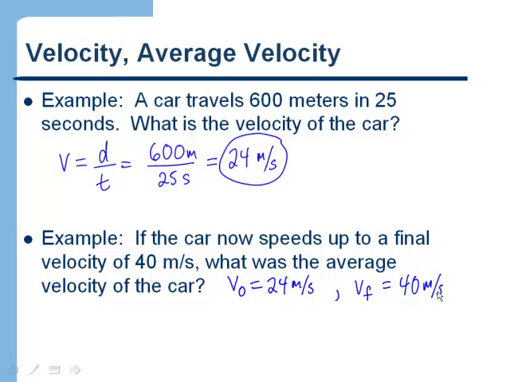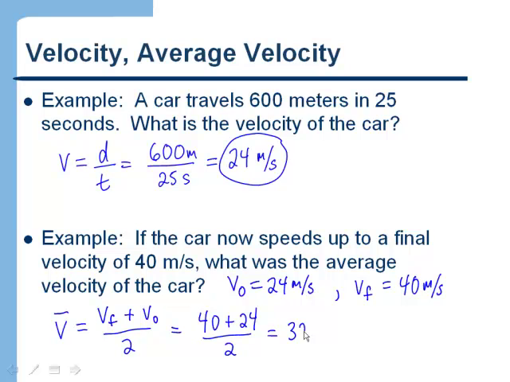And that's what our average velocity formula allows us to calculate. So the average velocity is just V final plus V initial divided by 2. And that means I take 40 plus 24 and divide by 2, and I get 32 meters per second. And that would be my answer for the average velocity.